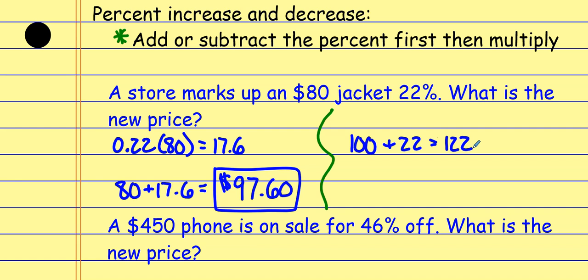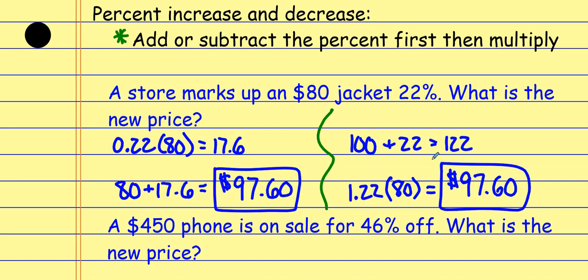And so now 122% as a decimal, if you divide that by 100, that's 1.22. I'm going to multiply that by the $80. And if you plug that into your calculator, 1.22 times 80, the value you get is 97.6. $97.60. You see that I get the same thing.